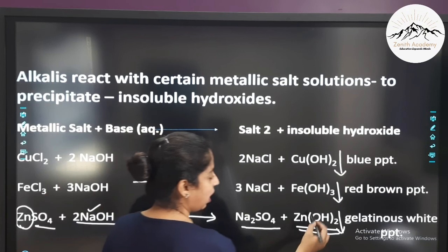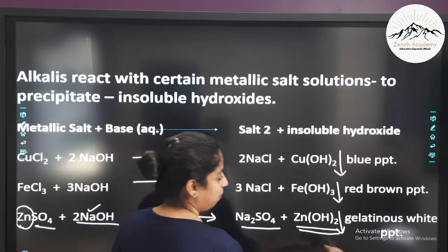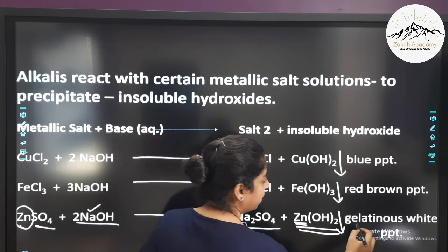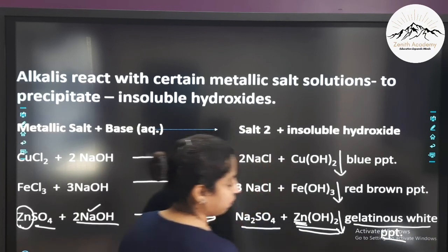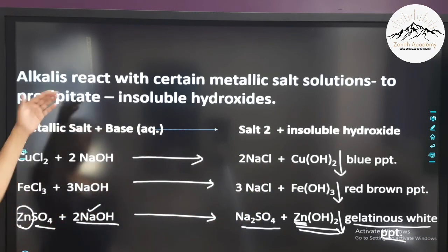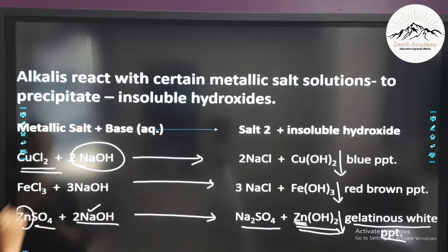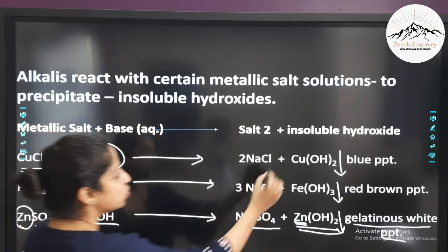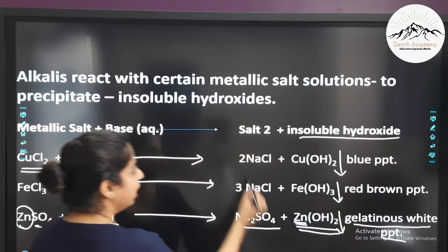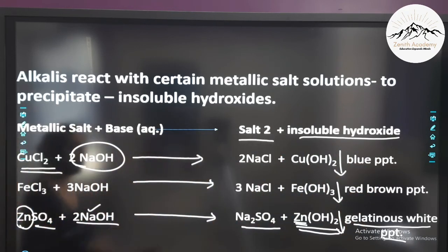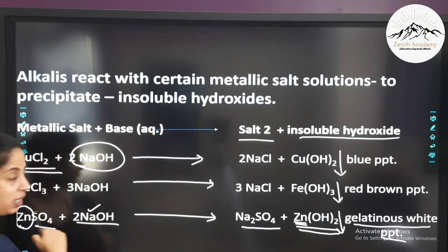Now zinc hydroxide, we know the zinc metal will precipitate a gelatinous white precipitate. So these alkalis react with metallic salt to form insoluble hydroxide and another salt. This is how the alkalis react with metallic salt.